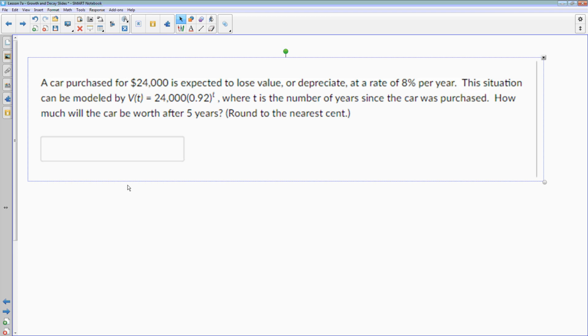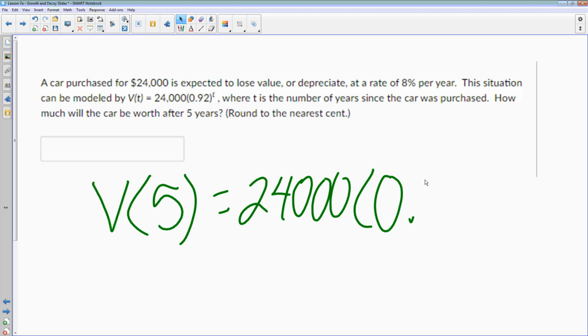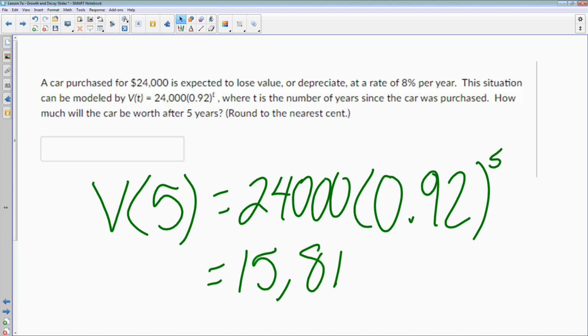So again, we're just trying to figure out after 5 years the value of the car. So V of 5. All right, so 24,000 times 0.92 all to the 5th power. So we're just plugging into our calculator or into Desmos, whichever, and you should end up getting $15,817.96. So again, it was money, so that rounds accordingly.